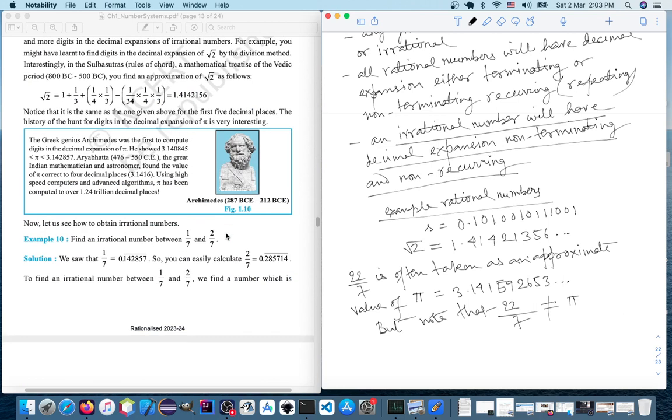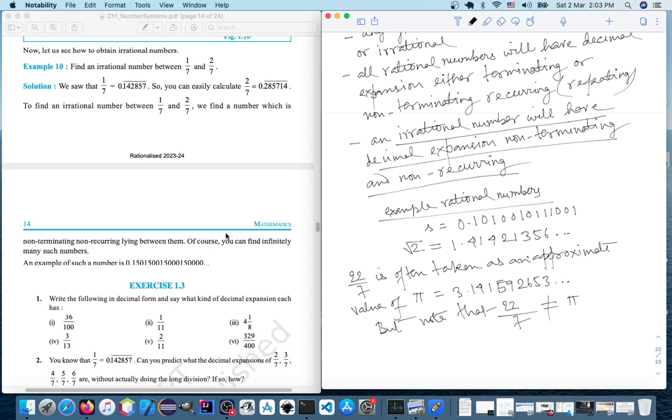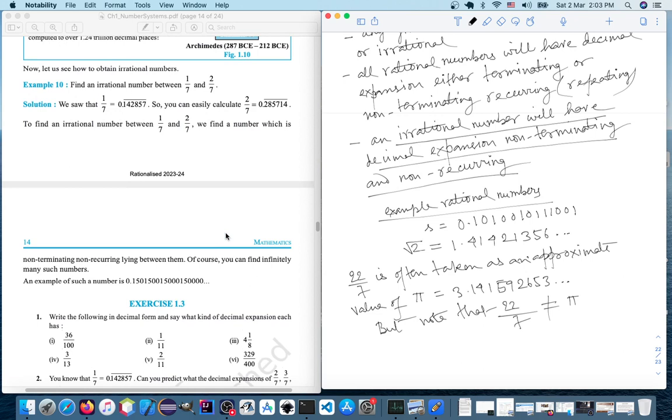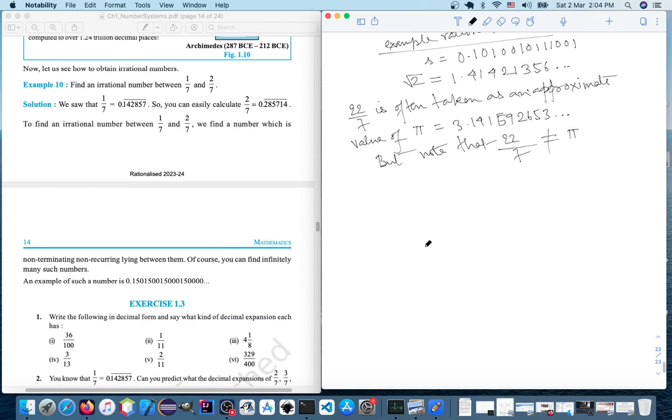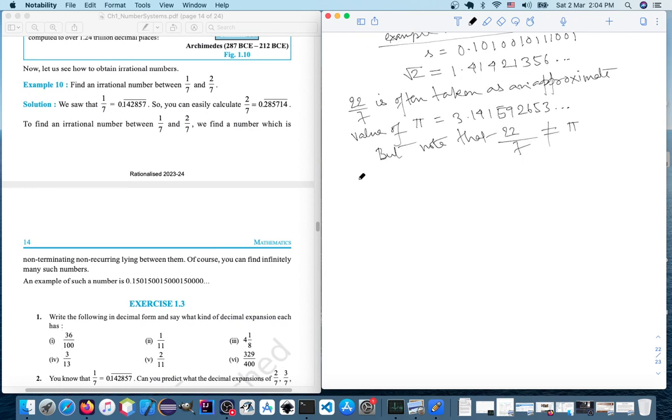Let us see how to obtain irrational numbers. The next topic is how we can find irrational numbers between two given rational numbers.